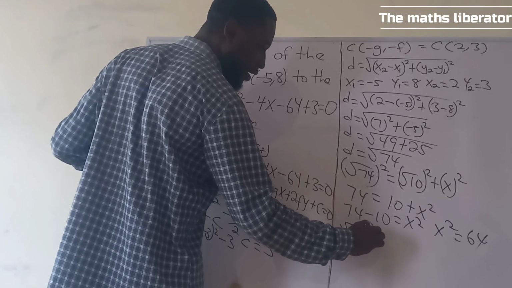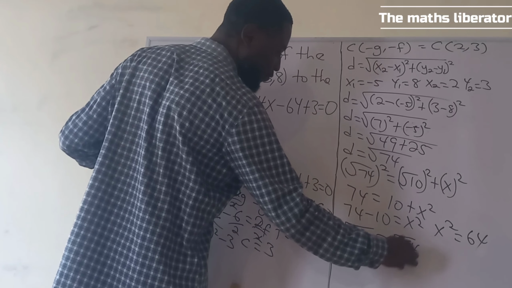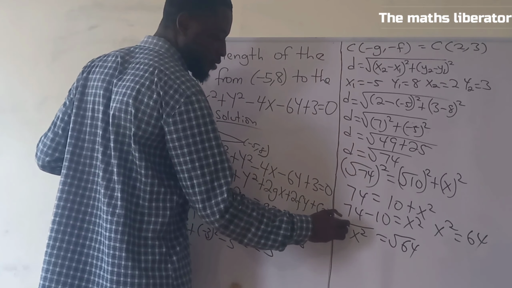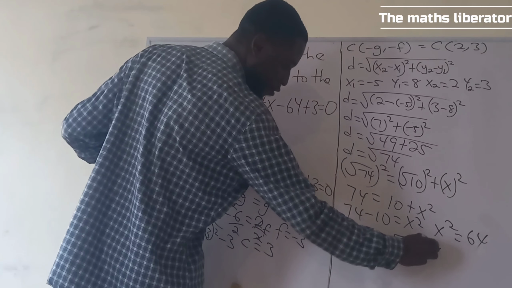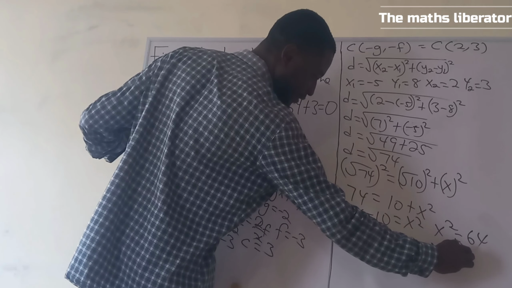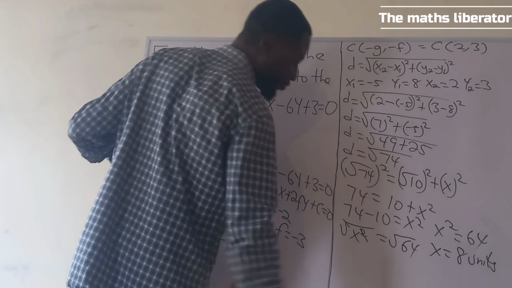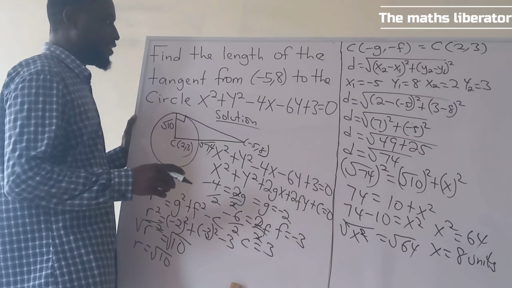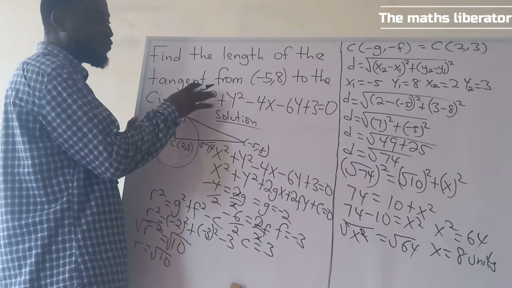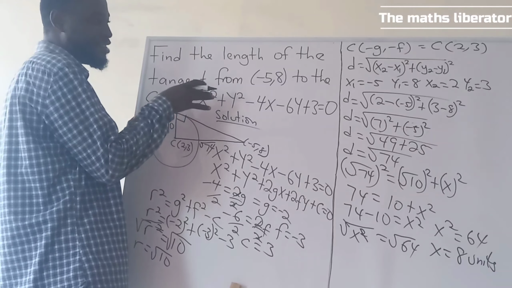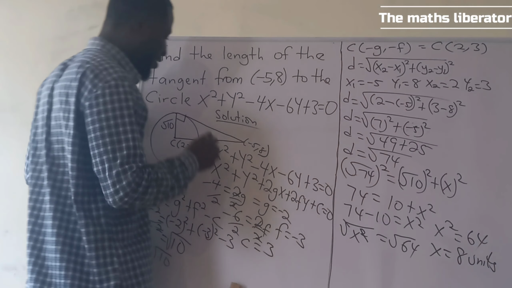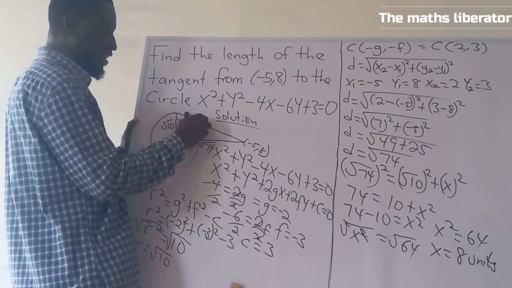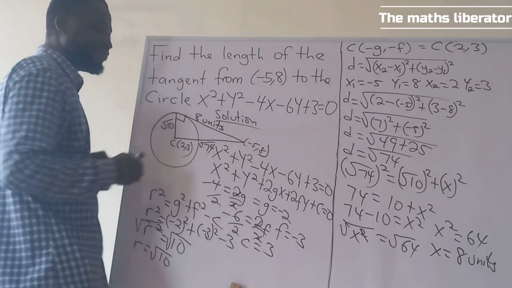The square root of x squared equals the square root of 64, and the square root cancels the square. So x is equal to 8 units. Meaning, the length of the tangent from (-5, 8) to this circle is 8 units.